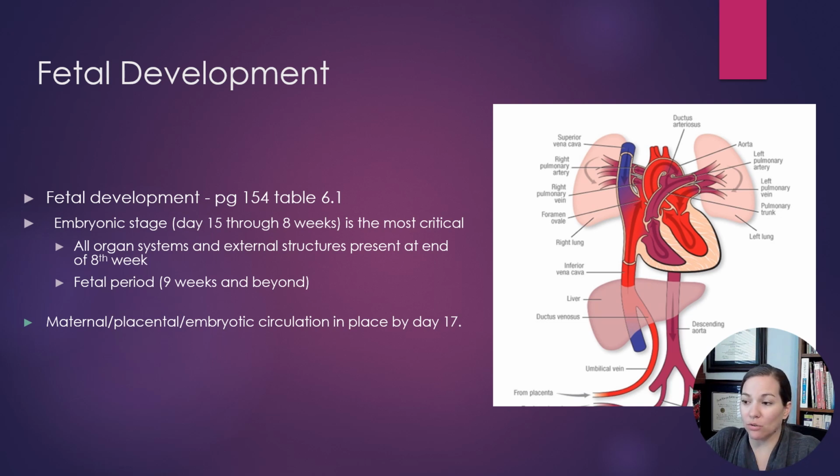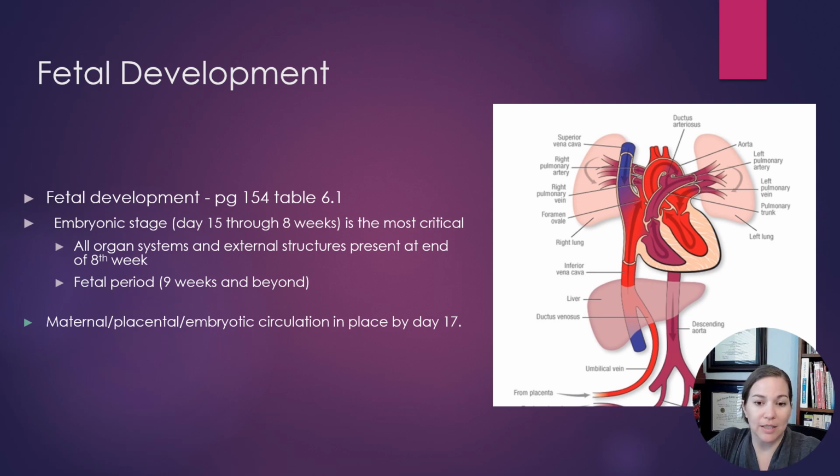All of the major organs and external structures are already formed and in place by the end of the 8th week. This means everything's already formed in its tiny version of itself, and then 9 weeks and beyond is the fetal period, and this is just maturing and growing each of these systems at that point.